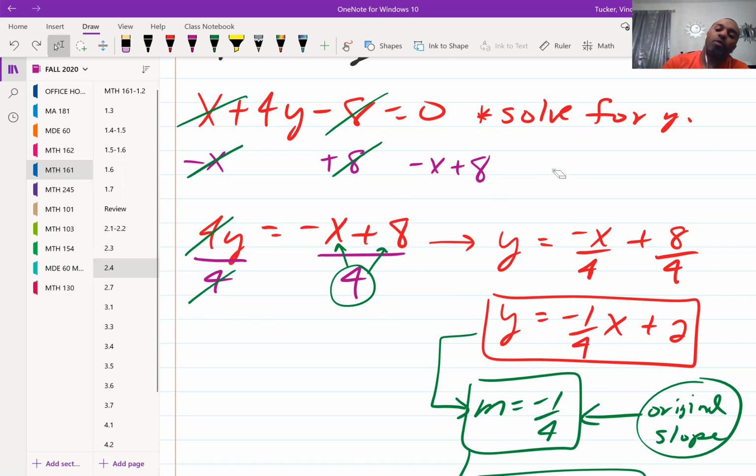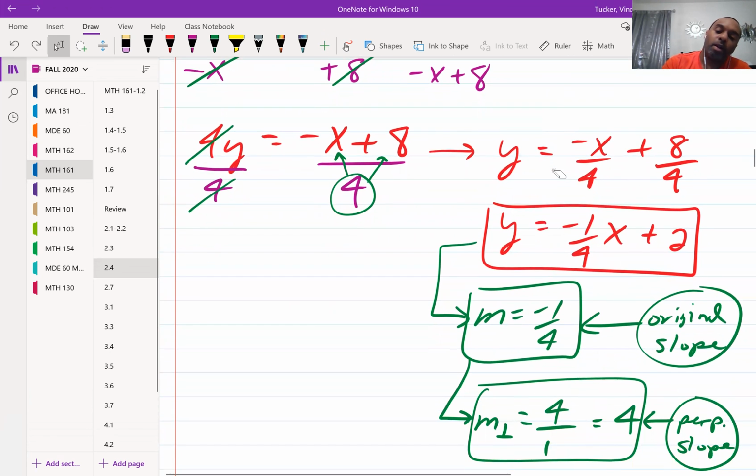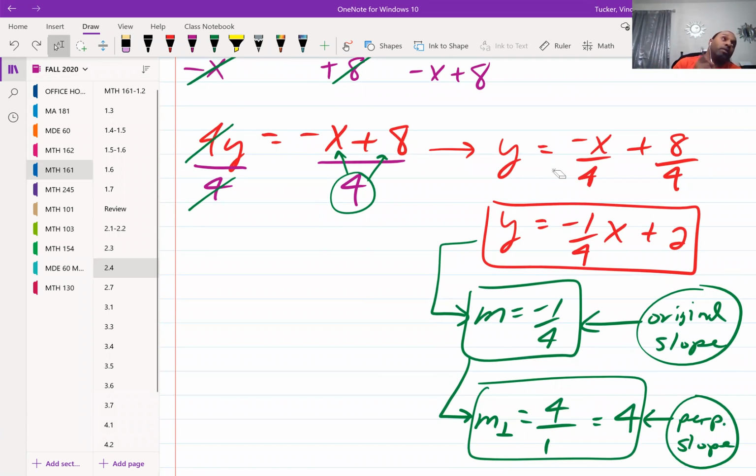All right, so -1 over 4 is our original slope. Now the slope of a line perpendicular to the line that we have means that we need to flip the fraction and use the opposite sign. So that'll be +4 over 1.